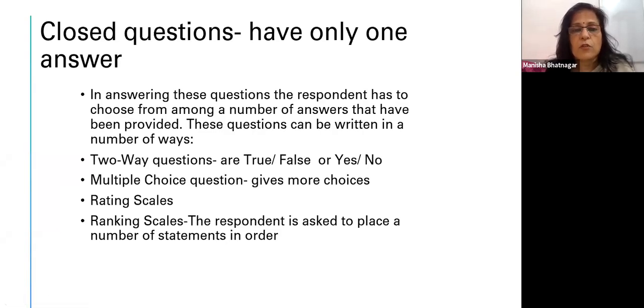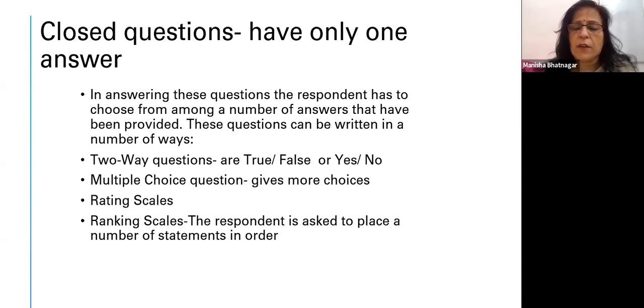Then you can have true or false, yes or no, multiple choice questions, which give more choices. This can also be used for testing the knowledge of a person, and his opinions also. The yes and no questionnaire can be useful for that, where you don't need elaborate answers.